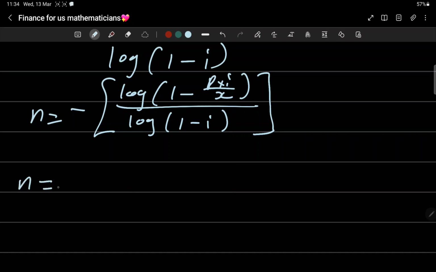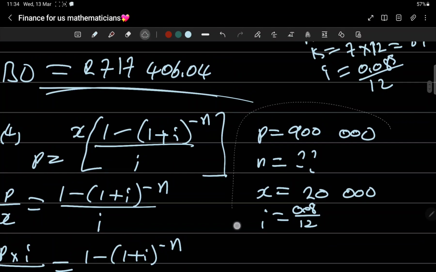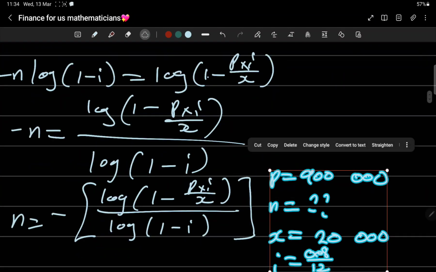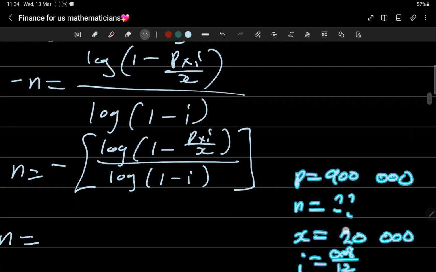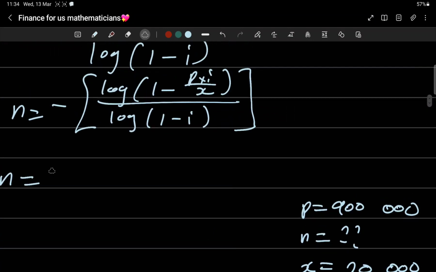Then let's plug in the information. Negative n equals negative log of 1 minus P, which is 900,000.